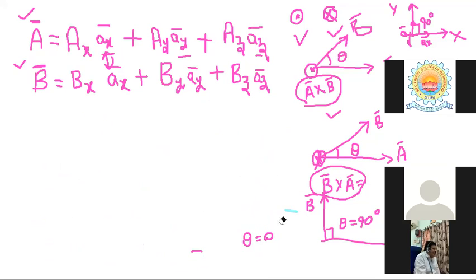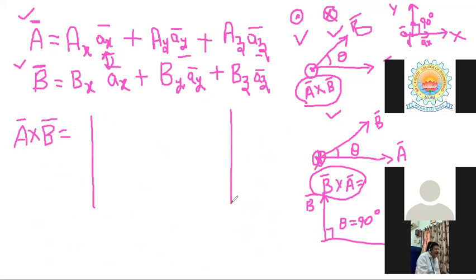So the cross product between two vectors will be taken like this: A bar cross B bar is given by the determinant of this 3 by 3 matrix, represented with ax bar, ay bar and az bar. Even if you calculate A cross B bar by multiplying the first term, second term, third term, second term, first term, and so on, you will get the same thing.